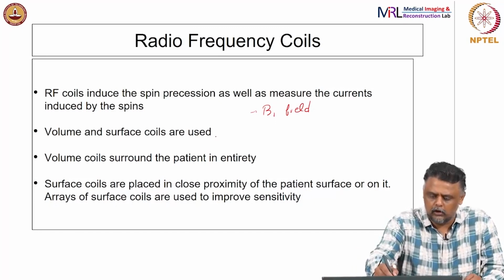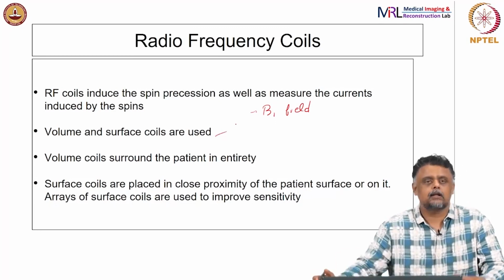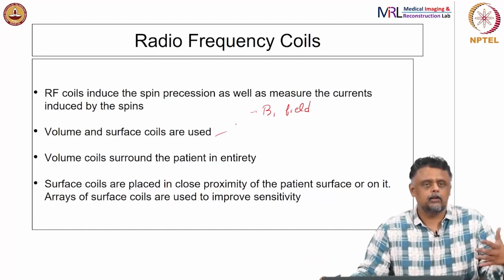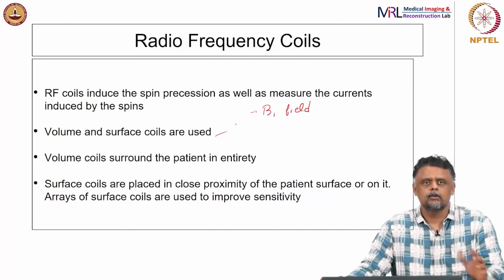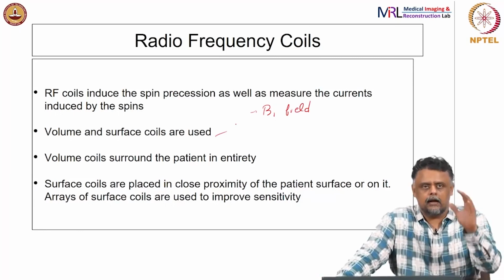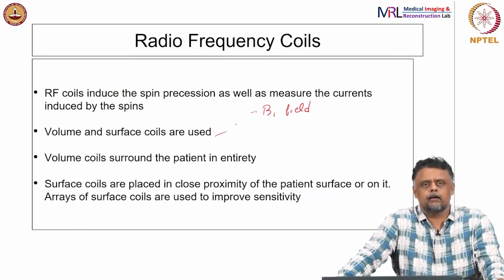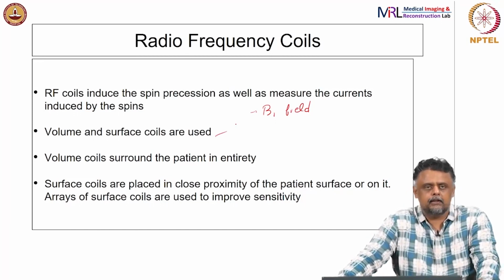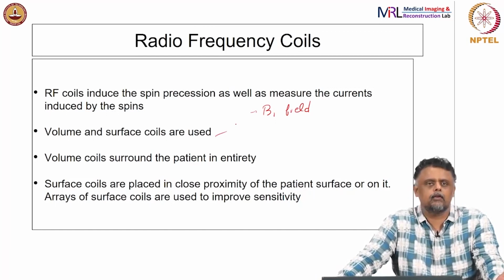There are all kinds of coils: volume coils which surround the patient, and surface coils you just put on top of the patient; they are basically in close proximity to the patient, okay. And again, designing these coils, how to get the correct RF field, RF output and shape of the magnetic B field, etc., is again a field of study and research in itself, with a lot of groups working on this, right.